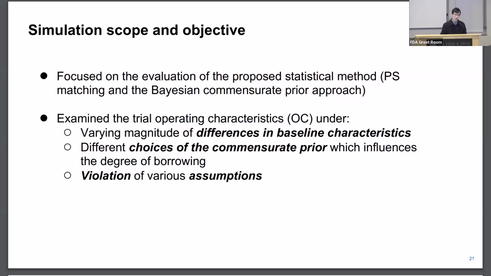We examined a few things to understand the operating characteristics, including varying magnitude of differences in baseline characteristics, which we will see in the coming slide, as well as the different choices of prior, which may influence the degree of borrowing. We'll, at high level, cover how we looked at the violation of various assumptions.